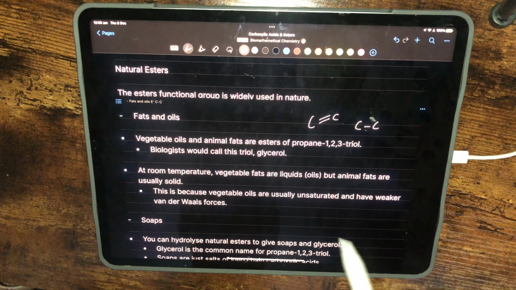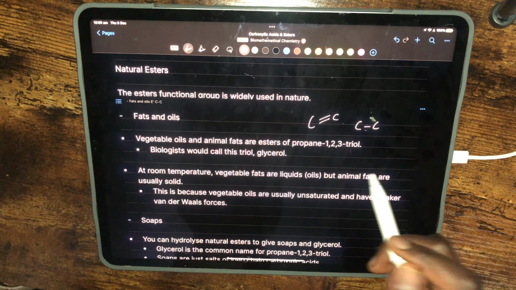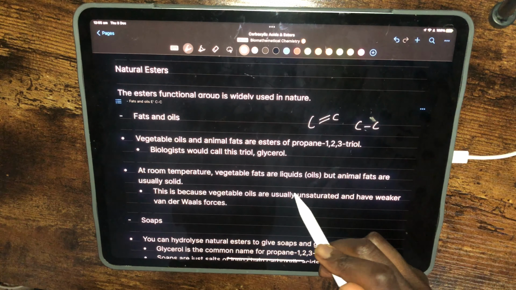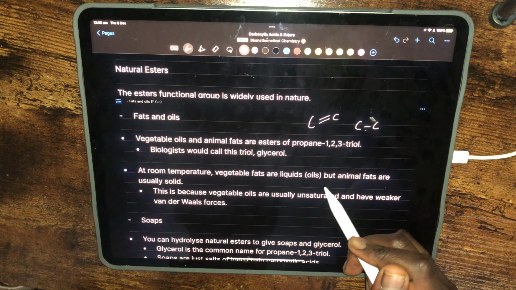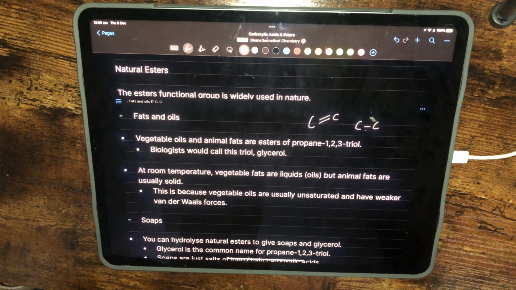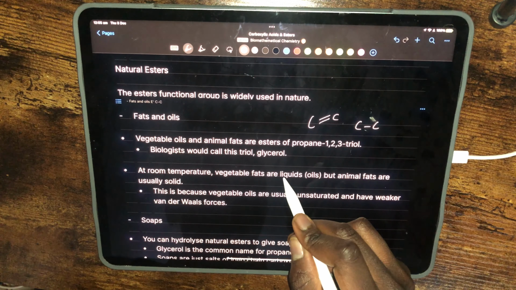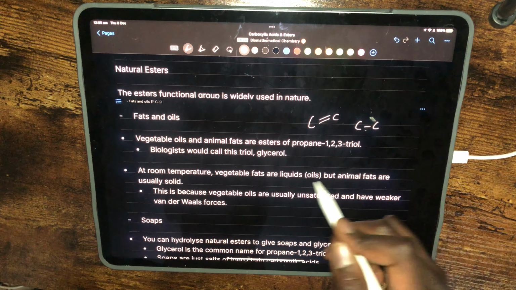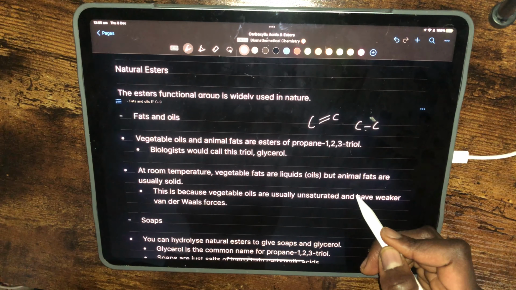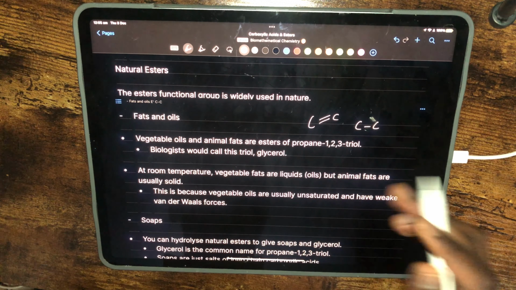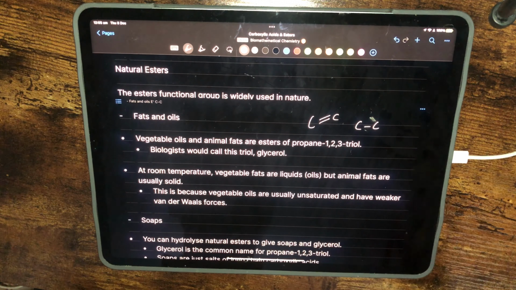For example, if you go to your kitchen, you'll find sunflower oil, or any vegetable oil, olive oil, whatever oil you have, and it's usually in liquid form.